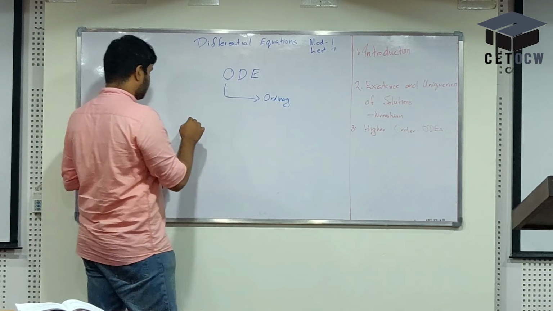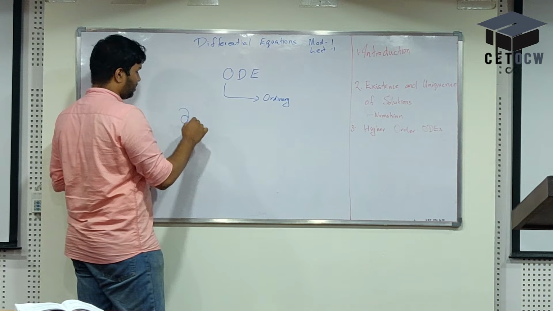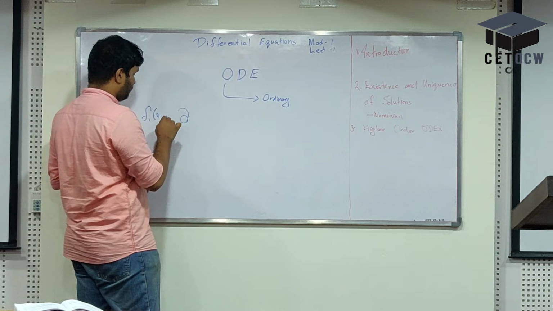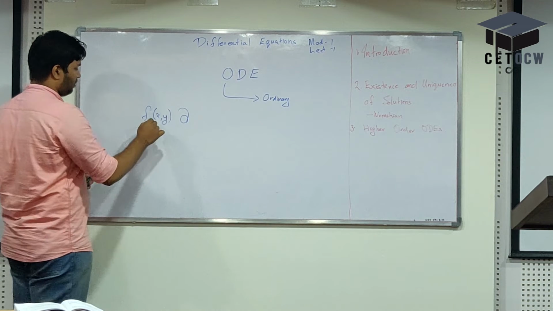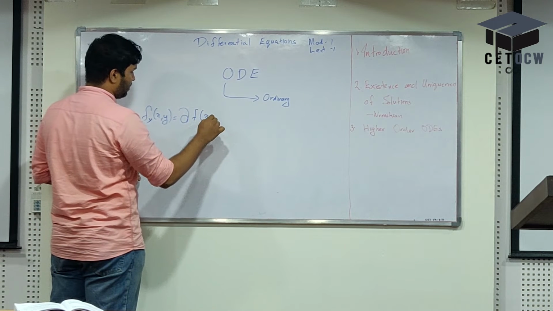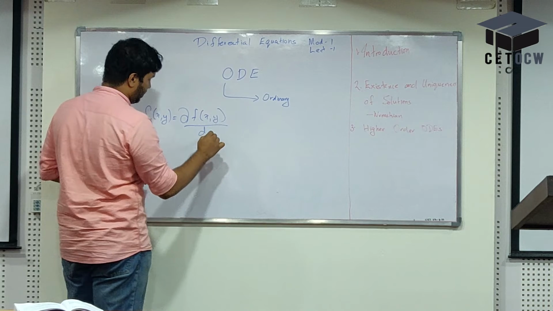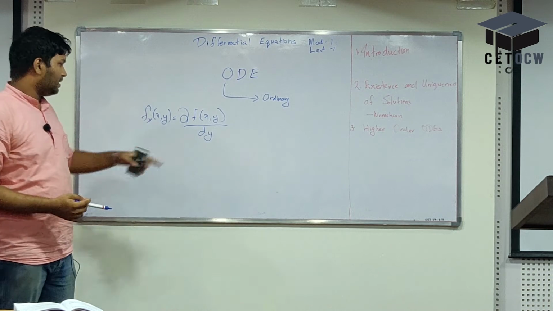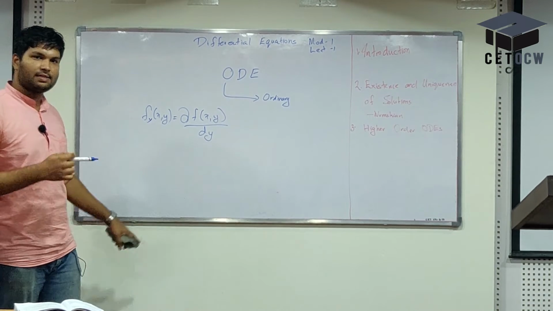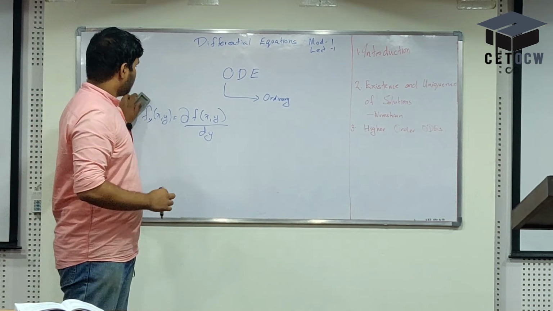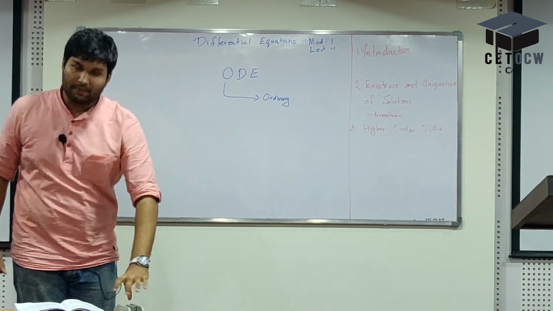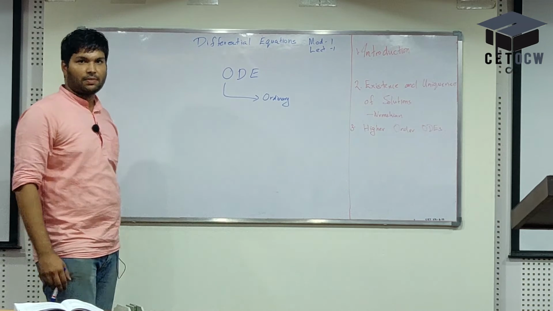I hope everyone knows the term partial derivative, wherein the partial derivative of a function f(x,y) that contains two variables, x and y, with respect to the variable y, is equal to ∂f(x,y)/∂y, or in other terms, finding the derivative of f(x,y) with respect to y, where f is a function of both x and y. So we'll be dealing not with partial differential equations, we'll be dealing with ordinary differential equations.